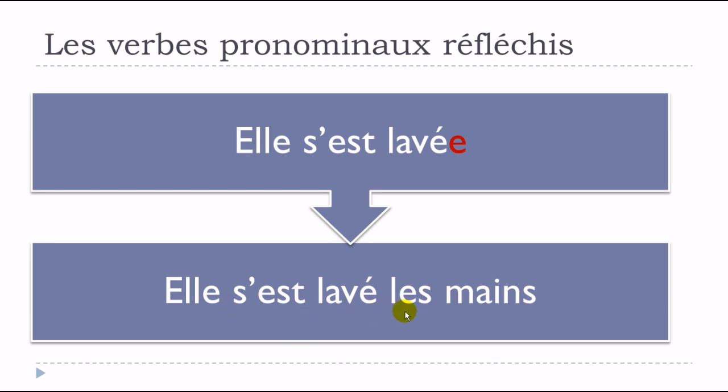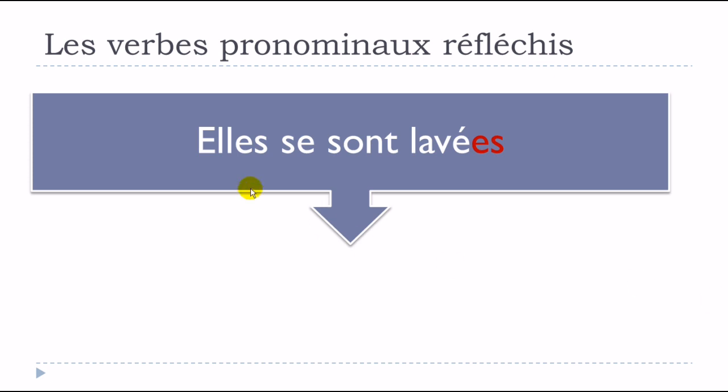This is quite tricky. Many persons tend to make the mistake and to put this feminine form here, or it could be the plural as well, but in that case it's the feminine, so take it away, don't put anything, and keep your structure like that. Elle s'est lavé les mains.